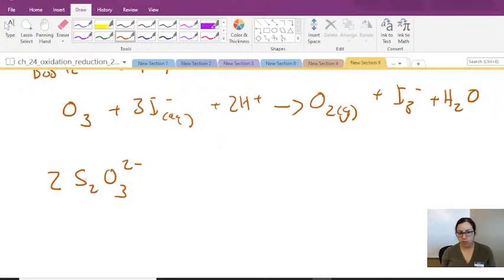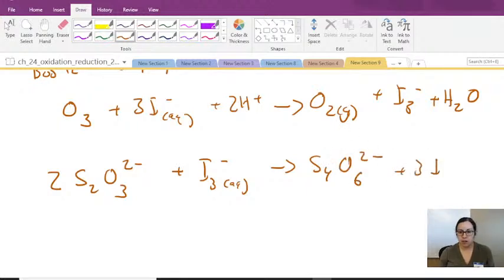So our sodium thiosulfate is just given as 2 equivalents of thiosulfate, plus our new iodine species to give us this species, tetrathionate, plus our iodide back out. And so now here's the problem. Let's see if I can.